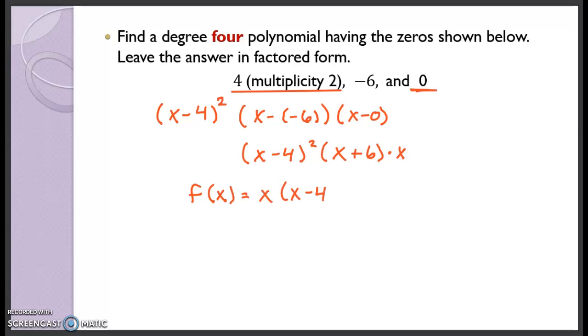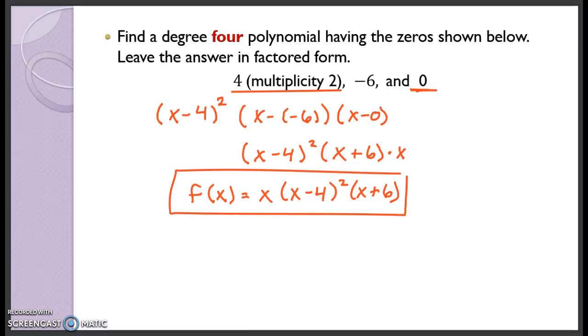So x times x minus 4 squared times x plus 6. We can even rearrange it again and have the x plus 6 and x minus 4 factors swap, as long as that squared is still attached to the x minus 4. So that is a degree 4 polynomial with those exact zeros.